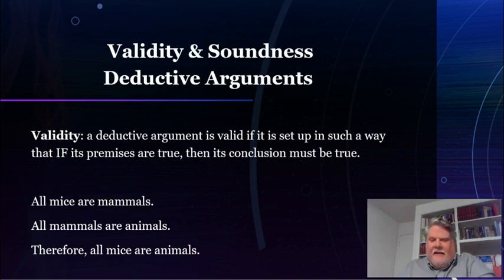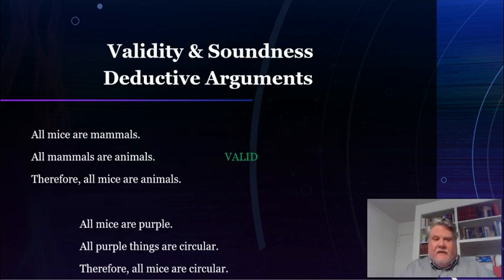What do you think? Valid or invalid? Well, given our definition, this is a valid argument. It is set up in such a way that if the premises are true, then the conclusion must be true. The conclusion follows necessarily from the premises.